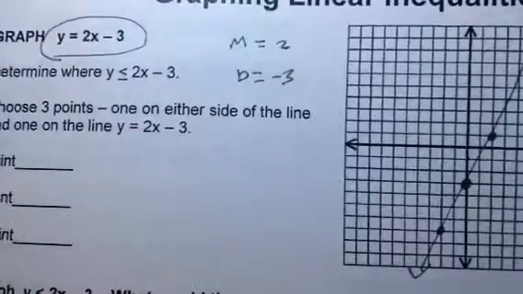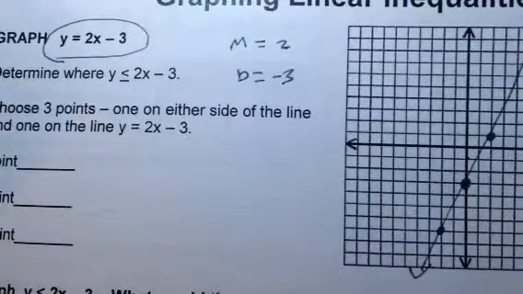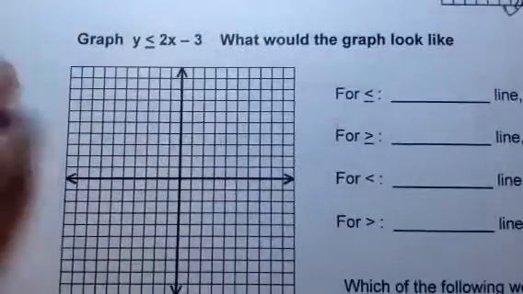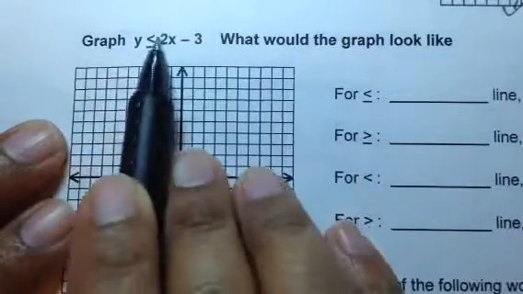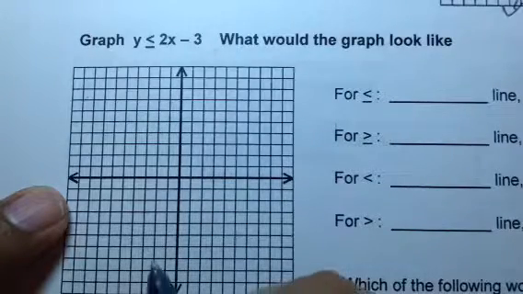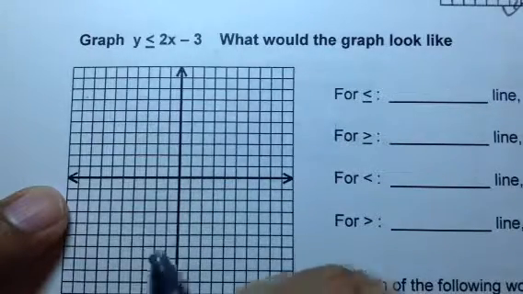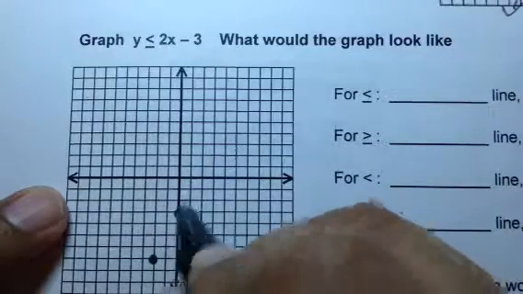Now, we're going to skip this part right here because it's going to get a little confusing until we come back. So we're going to graph that same graph on here, except we're going to do it with an inequality. So I'm just going to use those same points, negative 2, negative 7; 0, negative 3; and 2, 1.